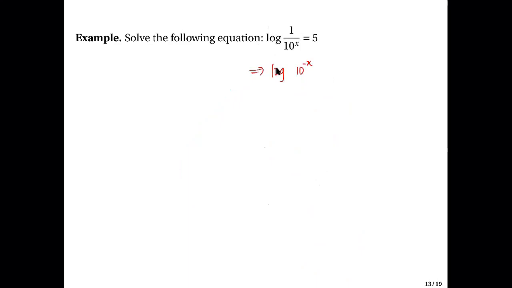So the left-hand side becomes log of 10 raised to negative x. The right-hand side is still 5. But again, this is base 10. And you now have here 10 raised to negative x. So the left-hand side will just be negative x. The right-hand side is still 5. And therefore, the x must be equal to negative 5.